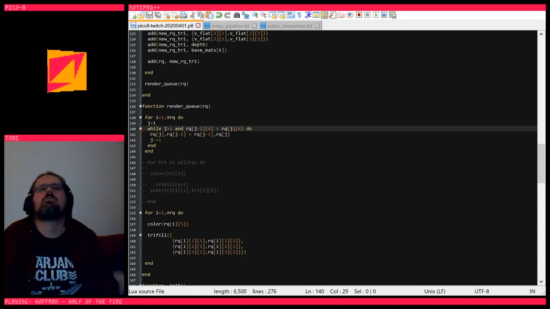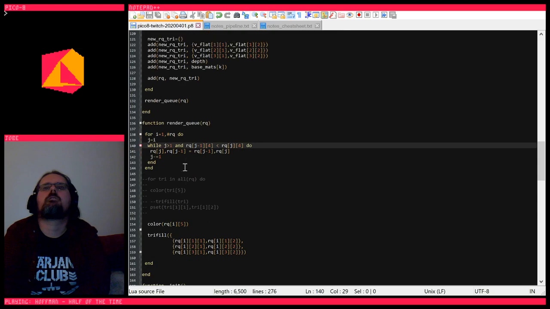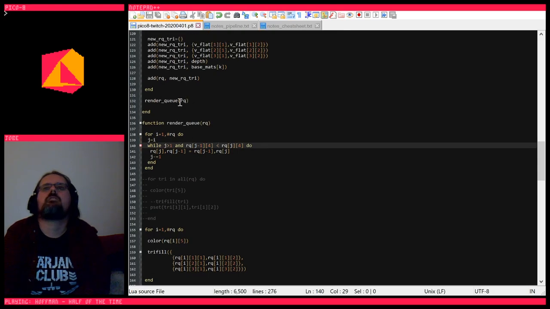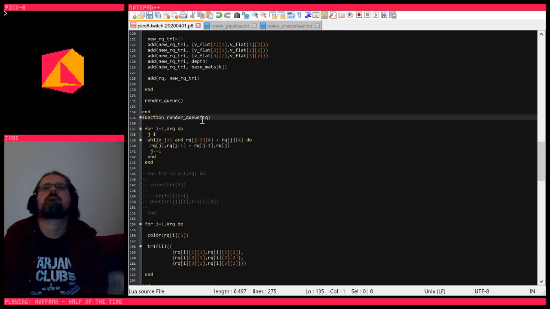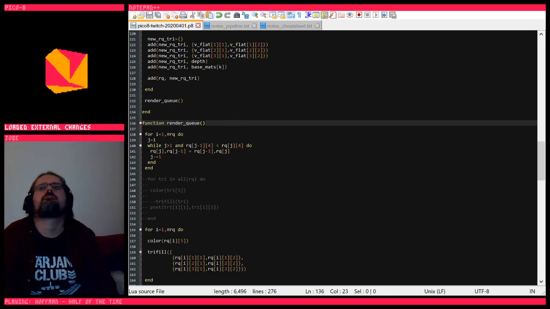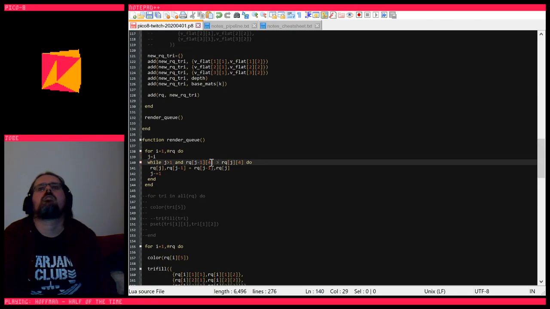Now what's the issue? I'm pretty sure I'm sorting them correctly, but it's not sorting them correctly. So what's the issue? Now wait, what's this 4 here?